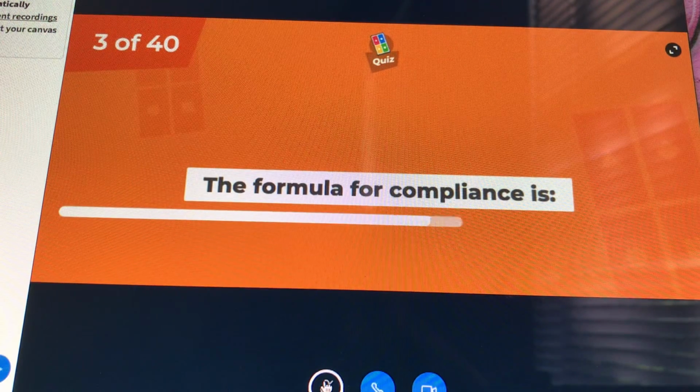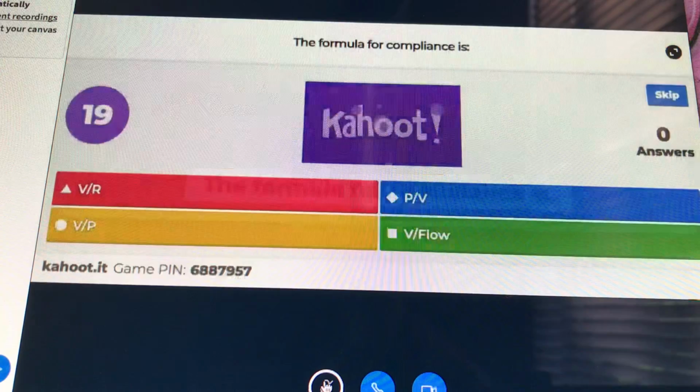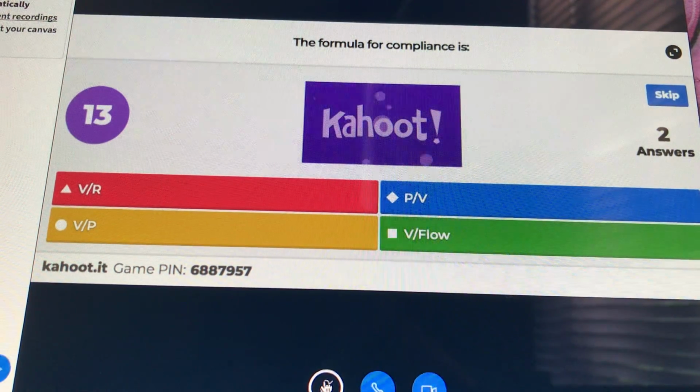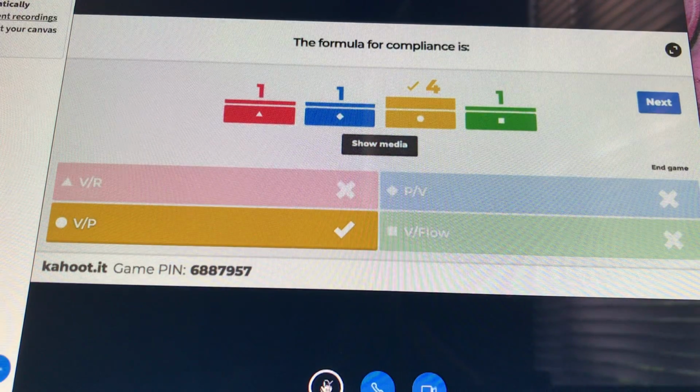What is the formula for compliance? Good, that is your victory over pressure. Think about a cheerleader, volume on top, okay?